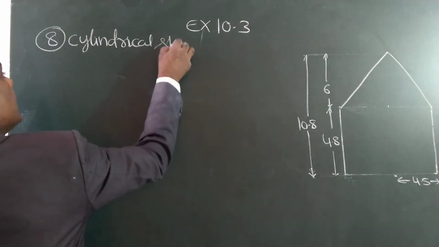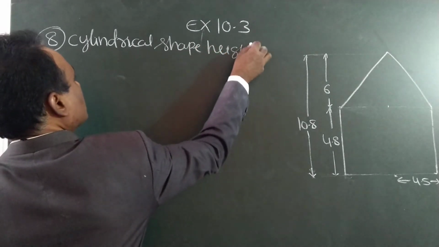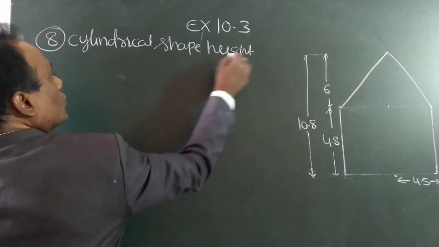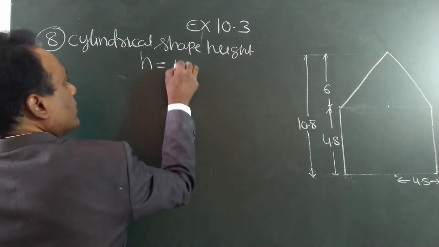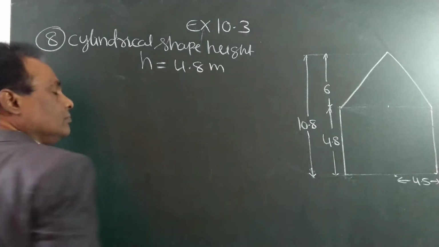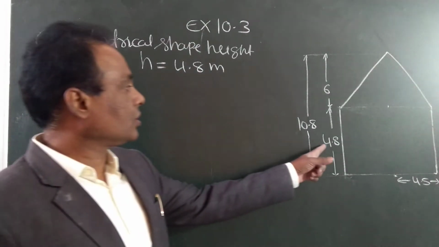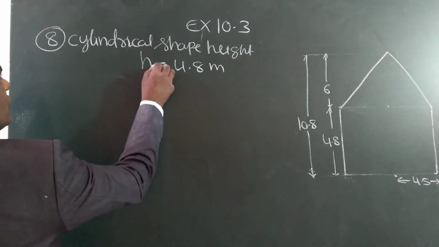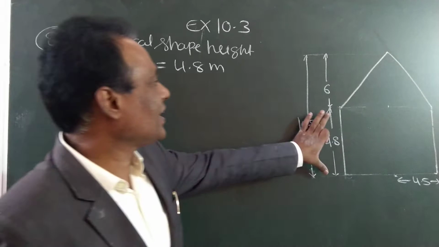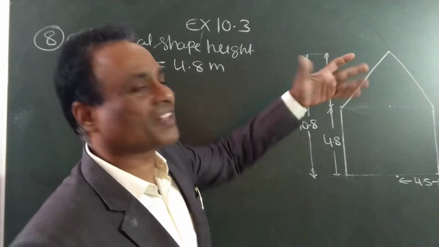Cylindrical shape height h is equal to 4.8 meters, given. Because we have two heights, cylinder height and cone height, I will use h1 for cylinder height and h2 for the cone height.